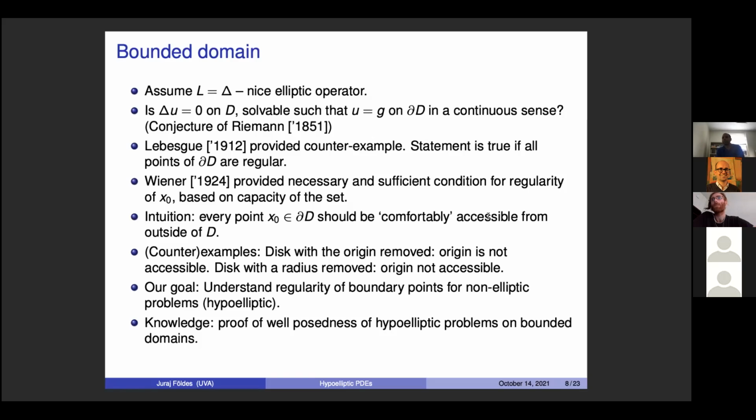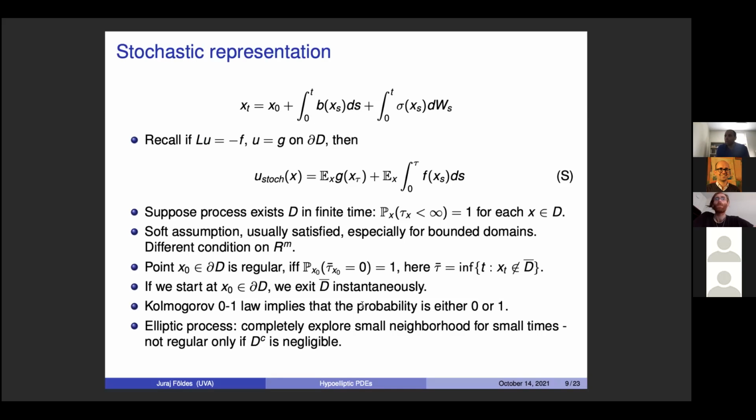Yes. Right. All right. So if we have an elliptic process, then we know that it has all the directions, so it's completely going to explore the small neighborhood for any small time. The point is that it's going to explore the whole small ball. And that really means that if we want to have a point which is not regular, then the outside of the domain should be very, very small, negligible, right?